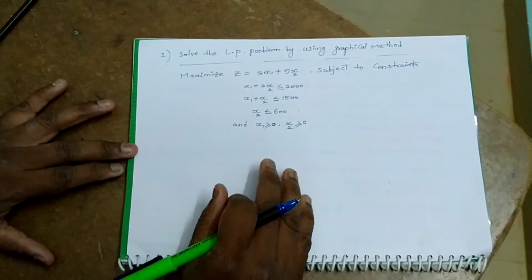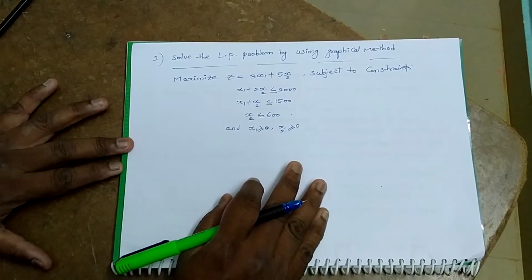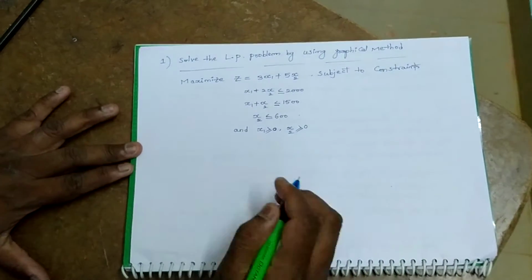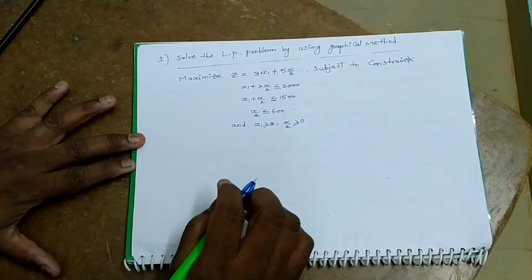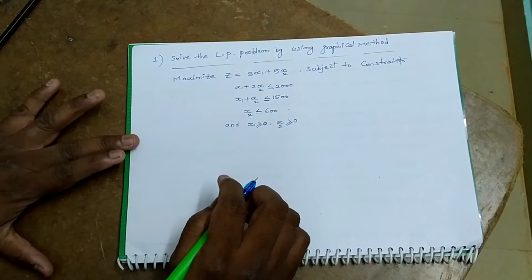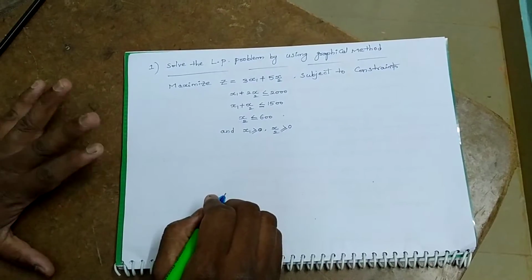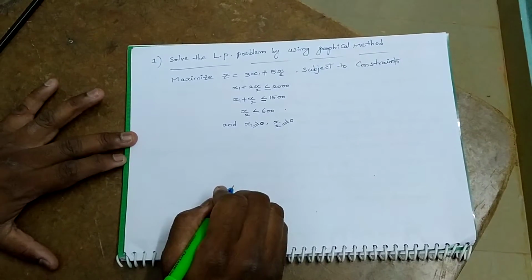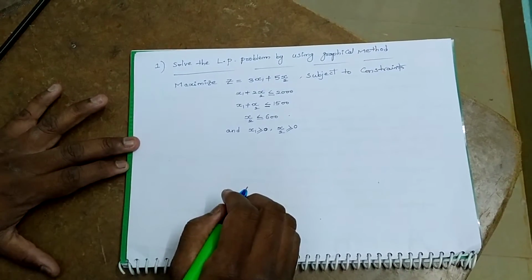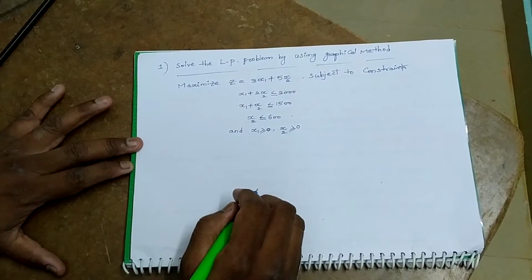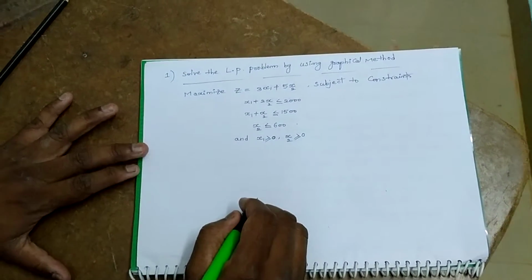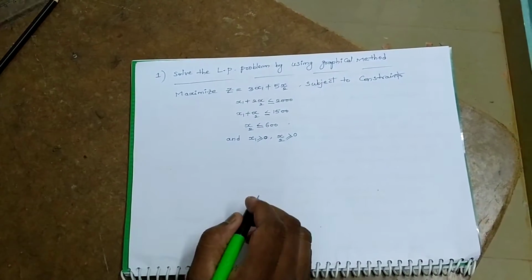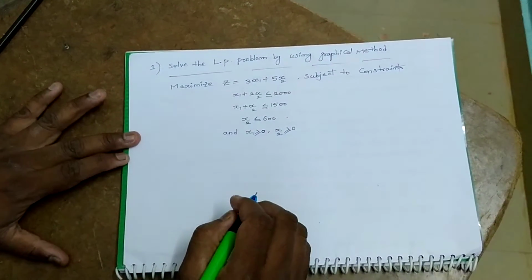Now we can solve one important, basic linear programming problem by using the graphical method. The problem is: maximize z = 3x1 + 5x2, subject to the constraints x1 + 2x2 ≤ 2000, x1 + x2 ≤ 1500, and x2 ≤ 600, with the non-negativity restrictions x1 ≥ 0 and x2 ≥ 0.